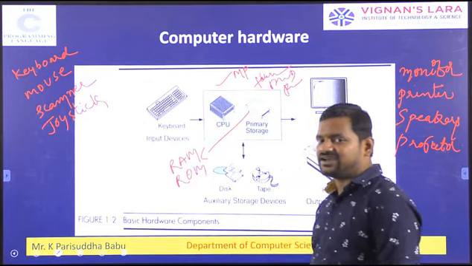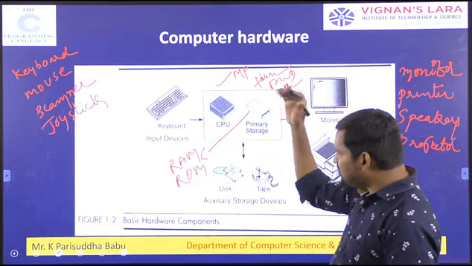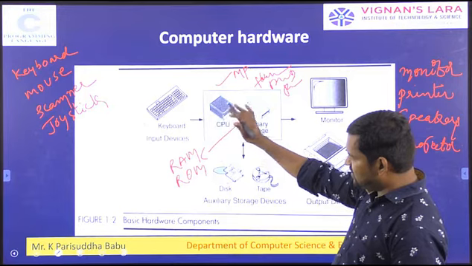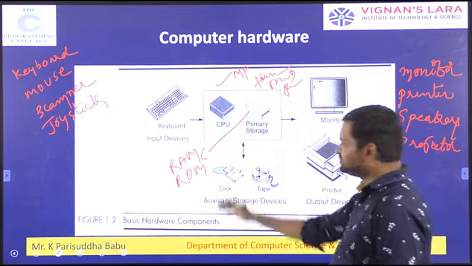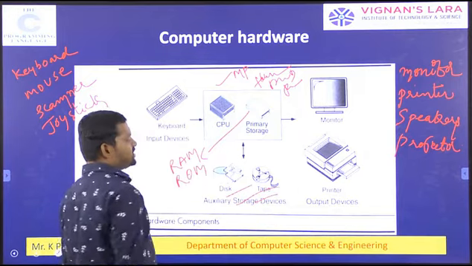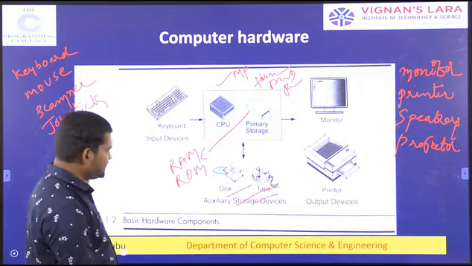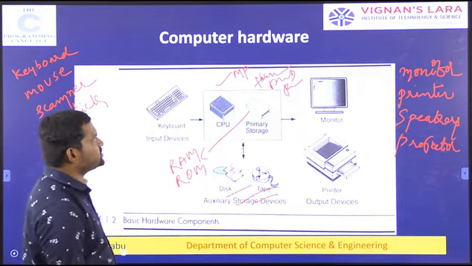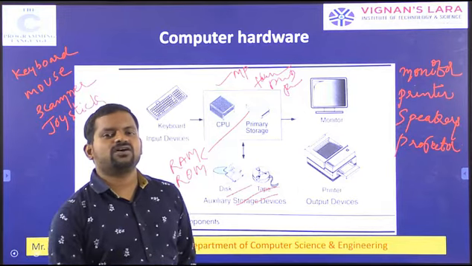All those are hardware. These are all parts we can touch and feel. Disks, auxiliary storage, tapes, printer, all are components of computer hardware.